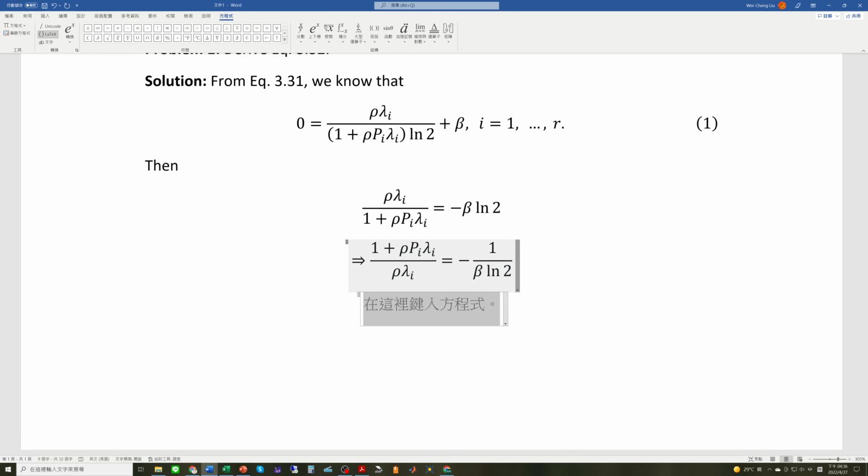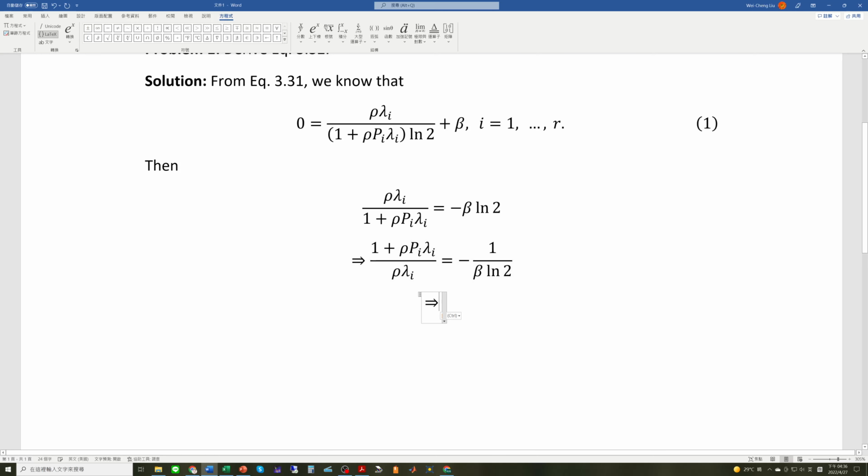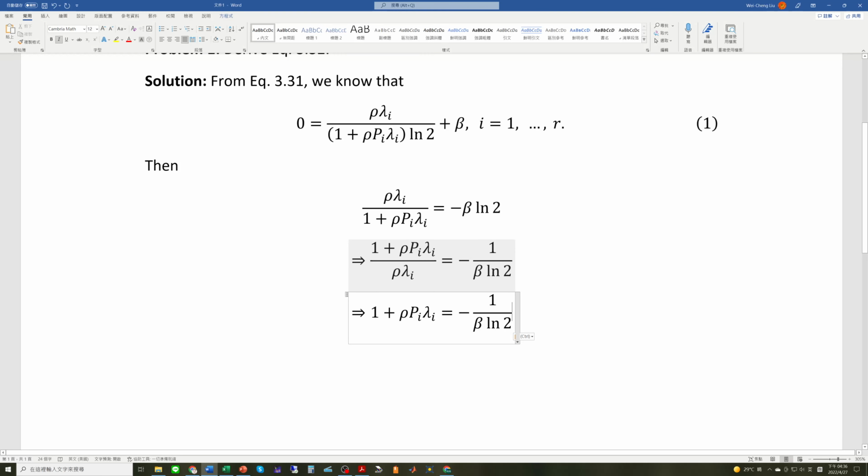Next, it implies that 1 plus rho Pi lambda i is equal to this times rho lambda i, so it is equal to minus rho lambda i over beta natural log 2.